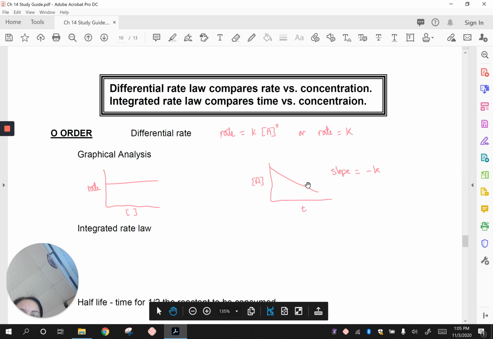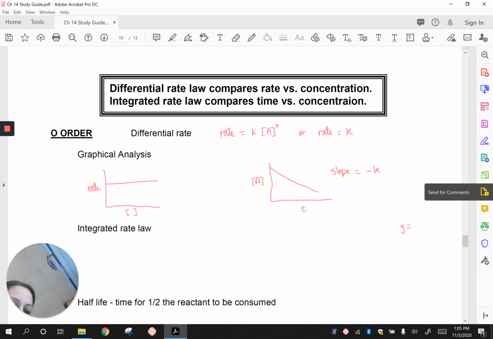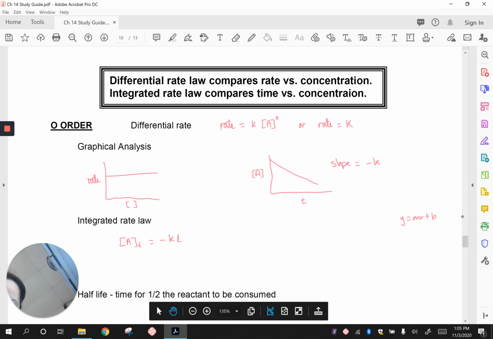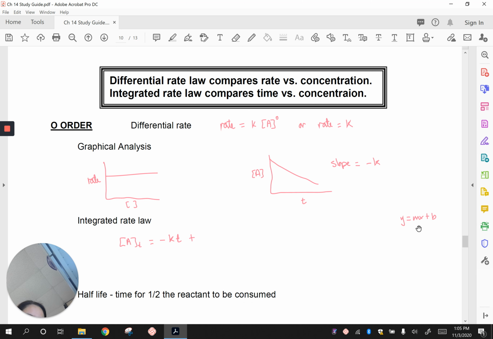For the integrated rate law, if you plug this into y equals mx plus b, your y would be the concentration of A at a given time, equal to your slope, which is -k, times your x, which is t, the time, and then b is the y-intercept. The y-intercept would be the initial concentration of A. So before you started the reaction, what was the initial concentration of A?